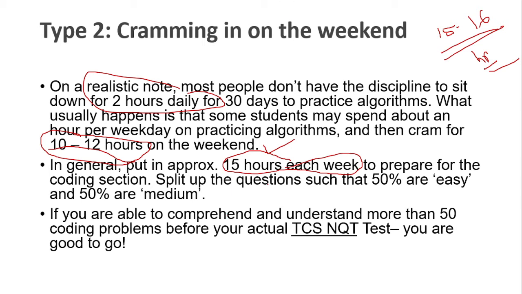If you are able to comprehend and understand more than 50% of the coding problems before the actual TCS NQT, then you are good to go. So that's why you need to make a plan for at least 15 to 16 hours in a week.